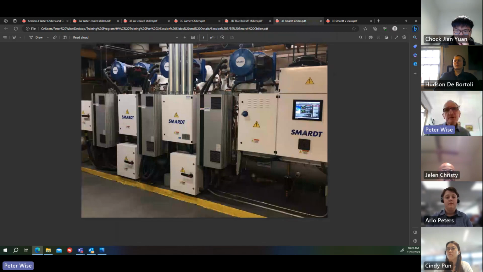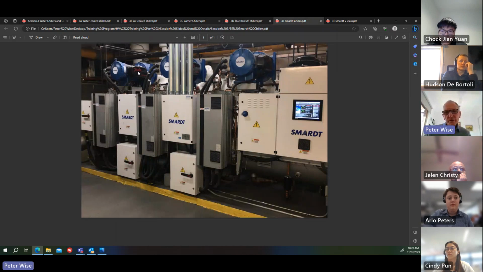Don't quote me on all this, but the compressors you can maybe see on the compressor there, Danfoss. They're a very big name in refrigeration components. They bought the rights to manufacture the compressors. So most of the magnetic bearing compressors now are made by Danfoss in, I think it's in Sweden.